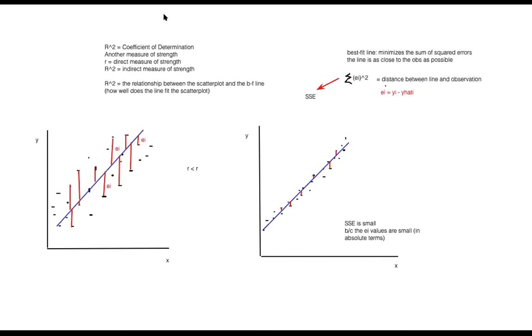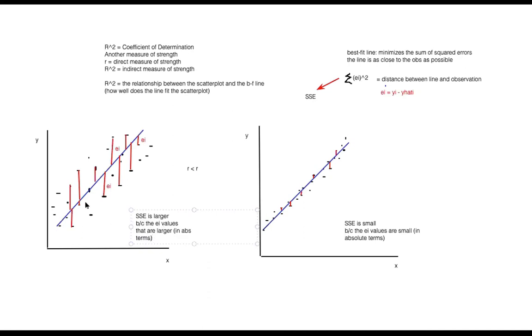And then here, SSE is going to be larger. Simply because all of the EIs are larger, because the scatter plot is looser, the observations are farther away from the line compared to the right scatter plot. Because the observations are farther away, you end up with EI values that are larger in absolute terms.